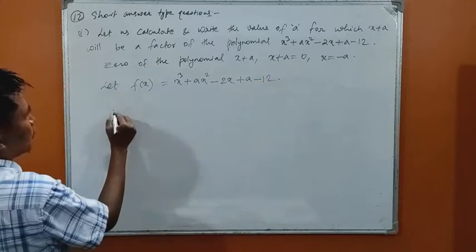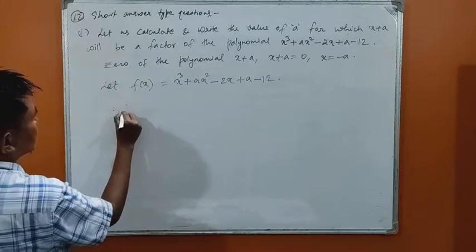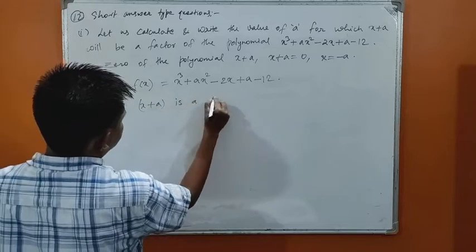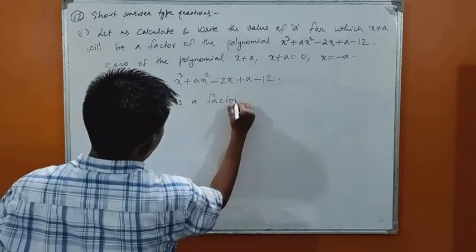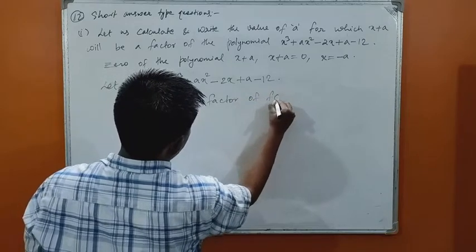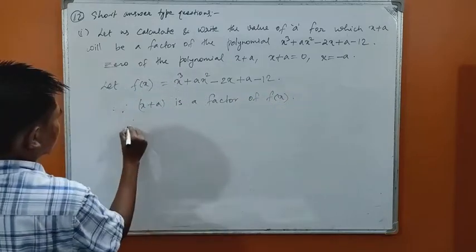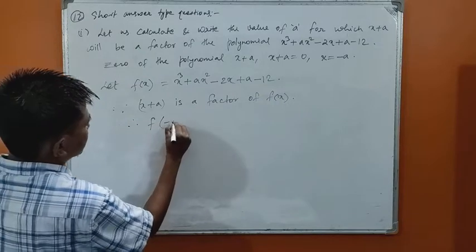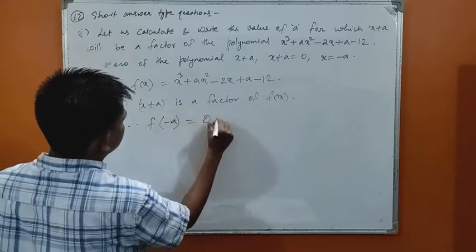Since x plus a is a factor of f(x), therefore f(minus a), this is the remainder, should be equal to 0, isn't it?